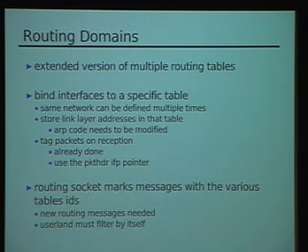One big issue was that the routing socket needs to mark all messages now with a specific table or domain ID. Because of that, we had to change all the routing socket messages. This was done in 4.2, this will be done in 4.3, so we will now be able to actually start using that whole concept.